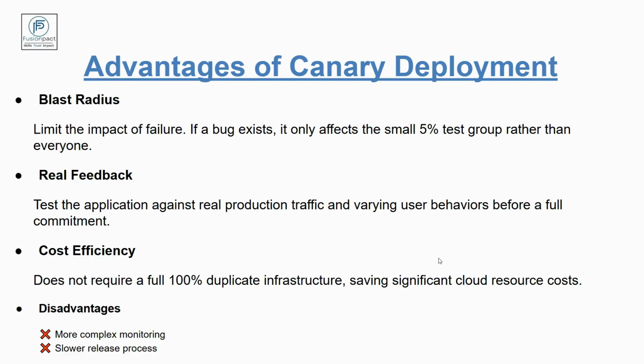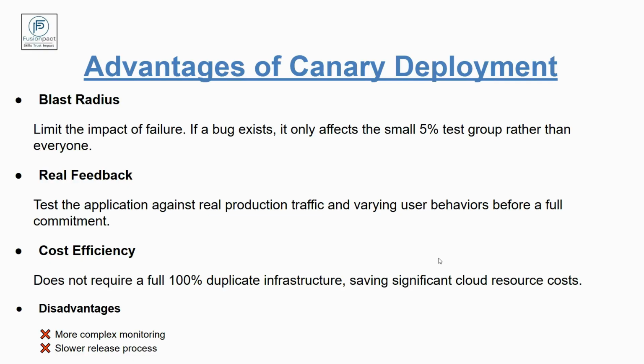Whenever a user gives feedback on our application, we can easily optimize based on how it is working and how users are interacting with it. Then there is cost efficiency.